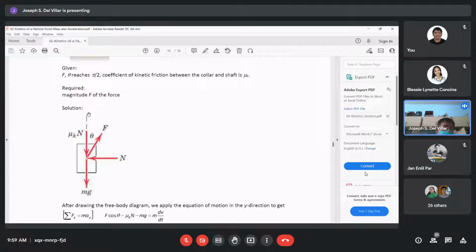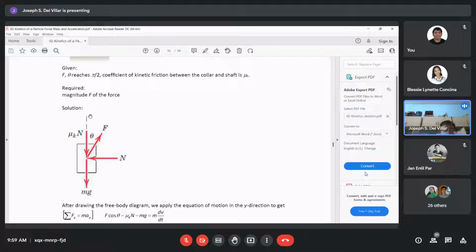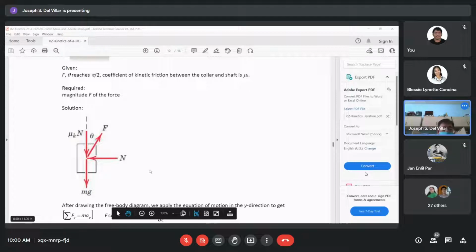Since the collar is sliding up, the friction is opposite, pointing down. So this is the frictional force, mu sub k times N, and its line of action coincides with the shaft.